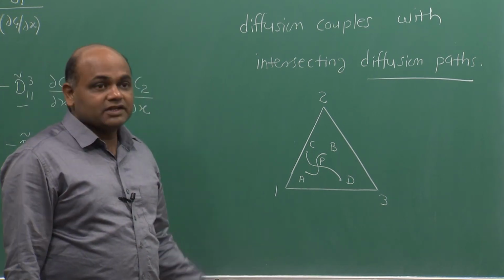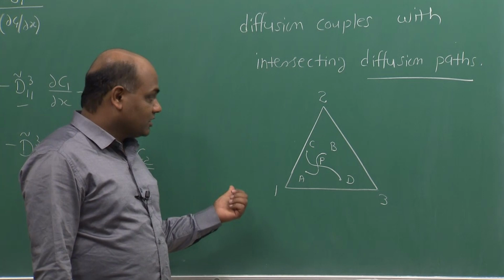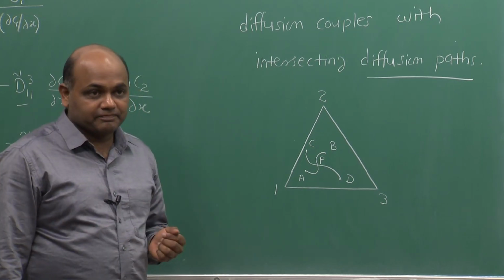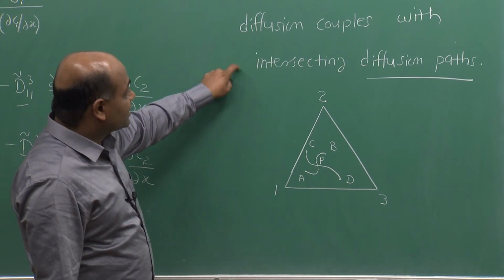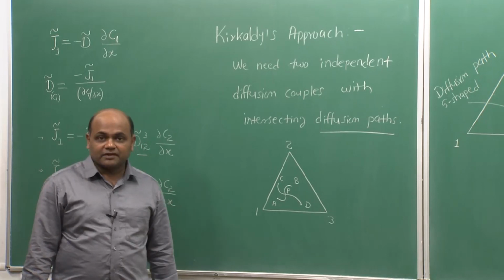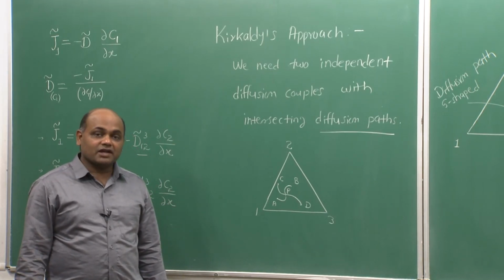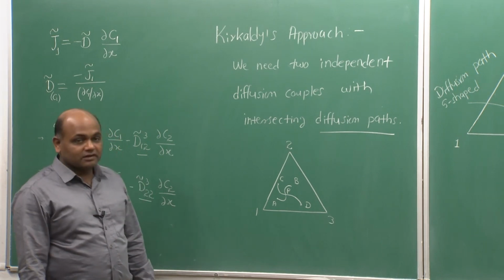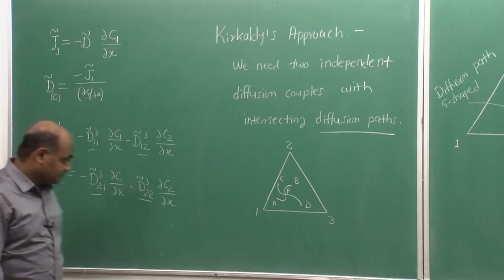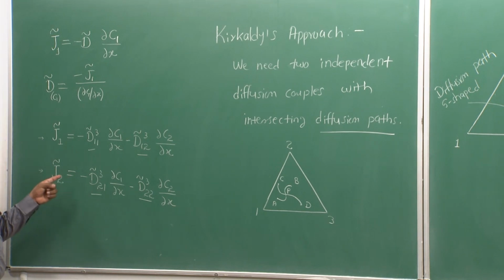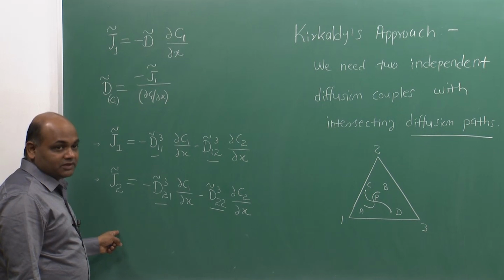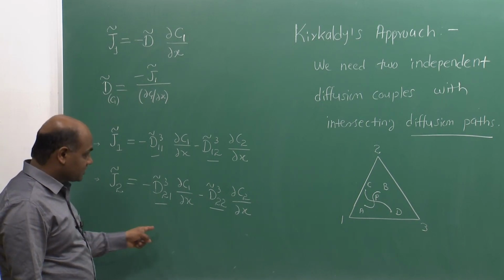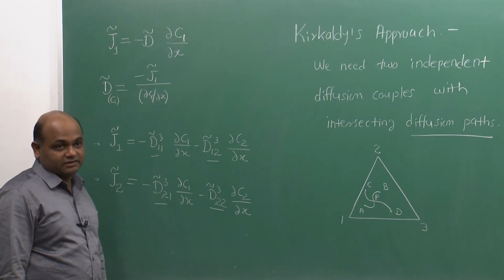So, this analysis was for the ternary systems. In principle, Kirkcaldy's method can be extended to an n component system. For example, in a quaternary system we have 3 independent fluxes J1, J2, J3, which are expressed as functions of 3 independent gradients.